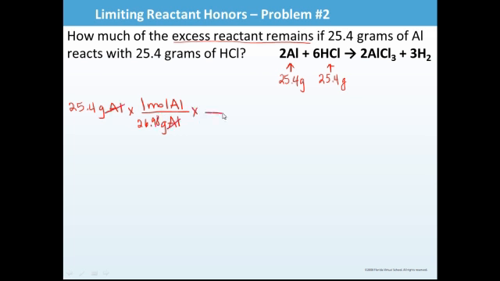We have moles of aluminum. We need to convert to a product. Now for this problem, it didn't ask me about any product, did it? Therefore, I get to choose. Convert to either product, it doesn't matter. I'm just going to pick hydrogen, seems easy. Look at my balanced equation. I see that aluminum has 2 as a coefficient, hydrogen has 3.